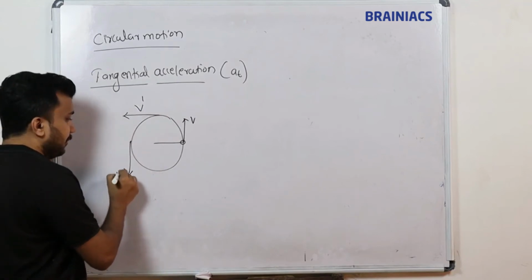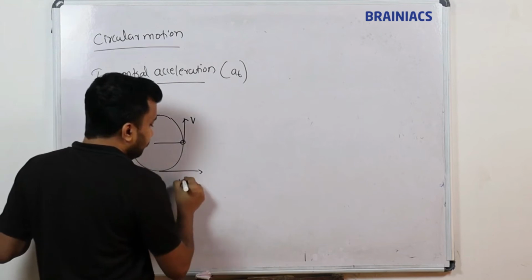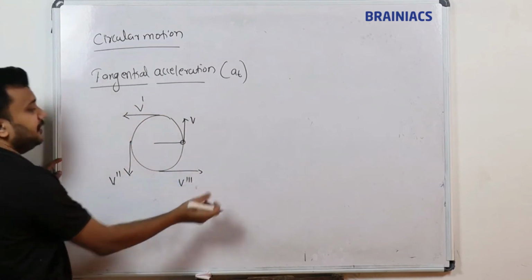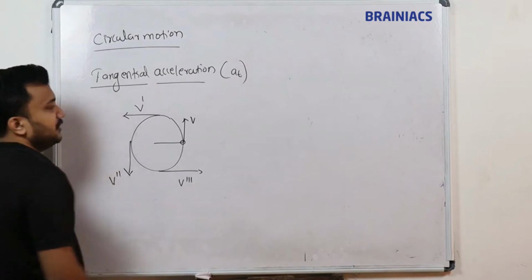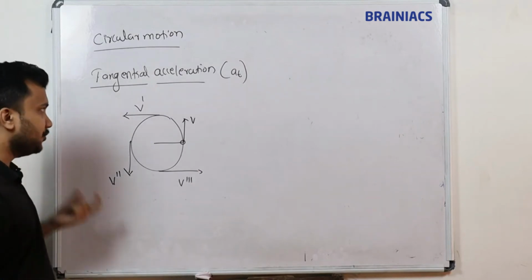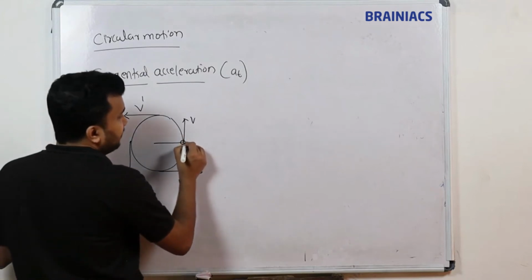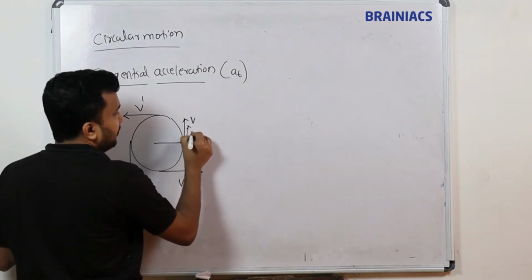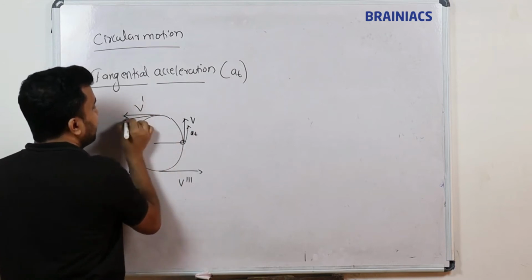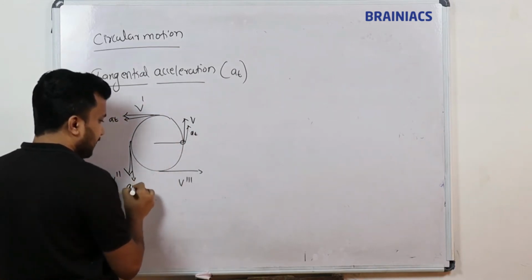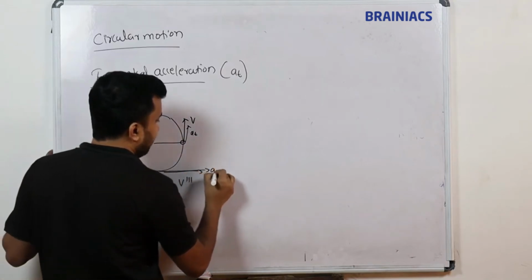V double dash, v triple dash. At every point the magnitude is changing, so there exists an acceleration. Here a tangential acceleration is in this direction AT. Here also AT, same direction AT, here also AT.